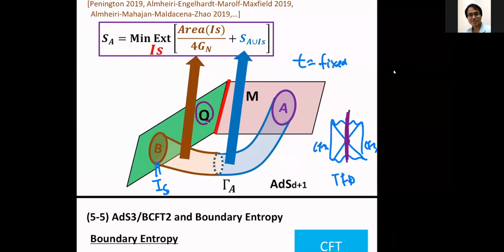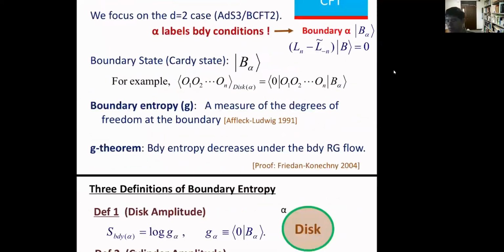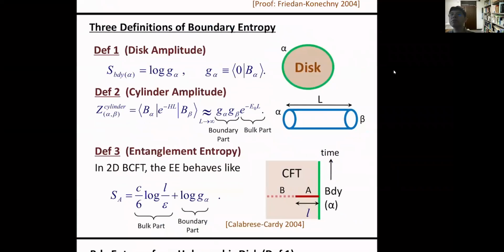Given a CFT with a boundary, you can of course calculate the disk amplitude, the disk partition function. But we need to remove divergences. After we do a proper renormalization procedure, then you get the boundary entropy. Okay, thank you.